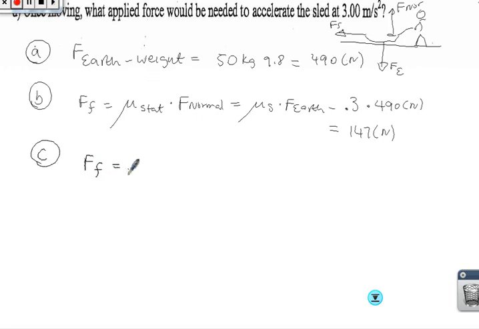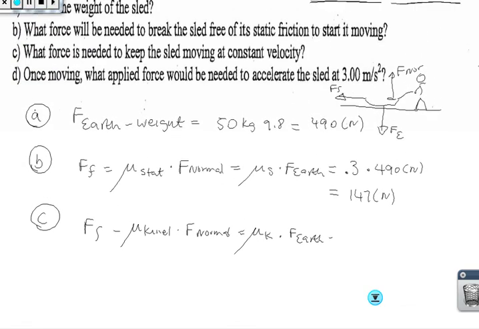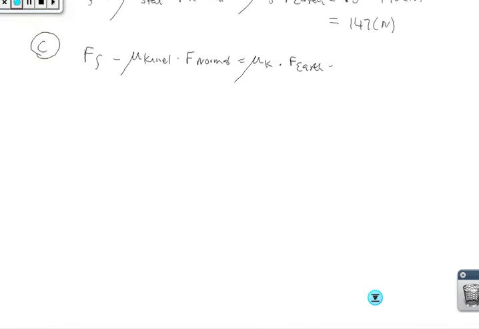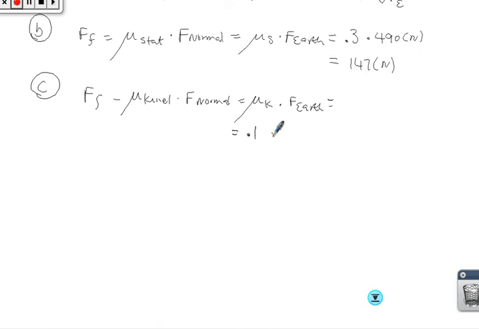So the force of friction kinetic now, times force normal, equals mu kinetic times force of earth again, which equals 0.1 times 490, which is force of earth, which is 49 newtons. So to keep it moving at constant speed, it's 49 newtons.